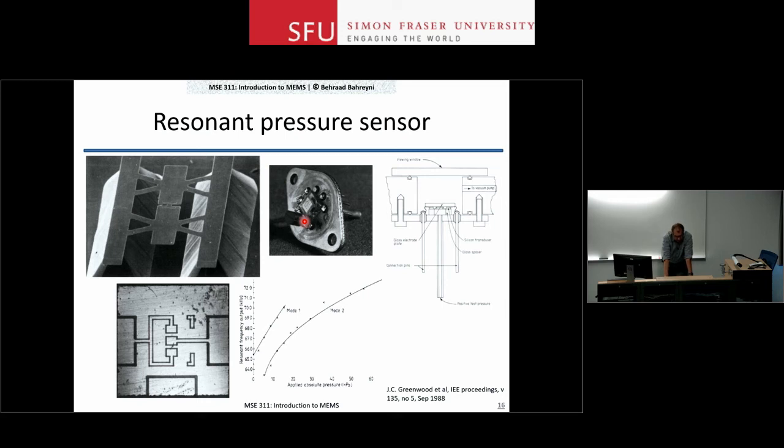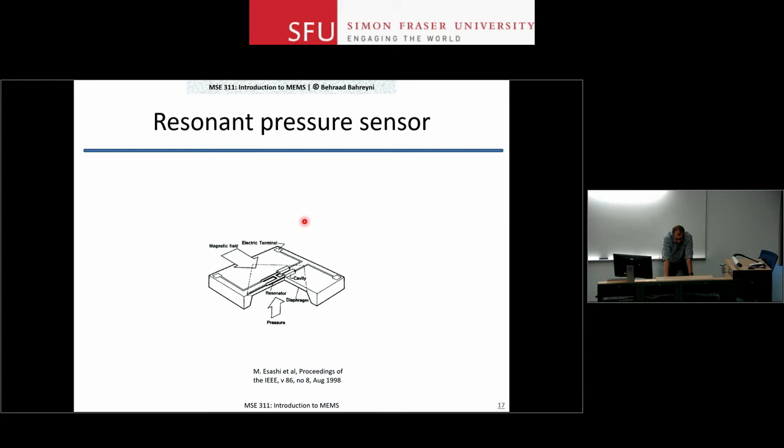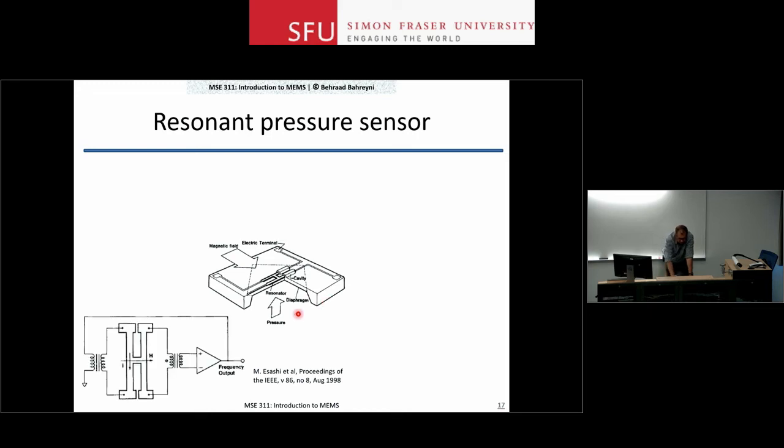A similar concept, again a resonant pressure sensor, but with a different transduction mechanism, was developed in Japan. The first one that I showed you was developed in the UK. So in this case, what they had is, again, a membrane, and on this membrane they put an H-shaped structure.